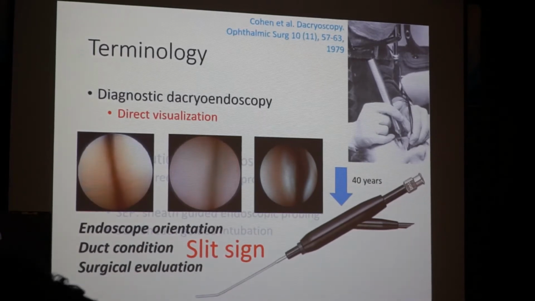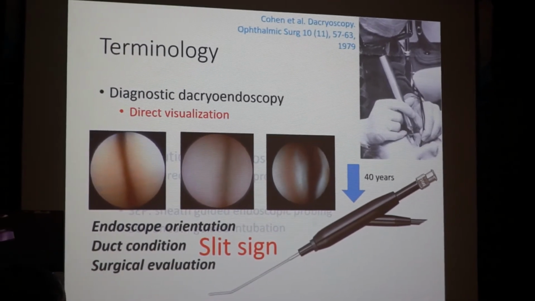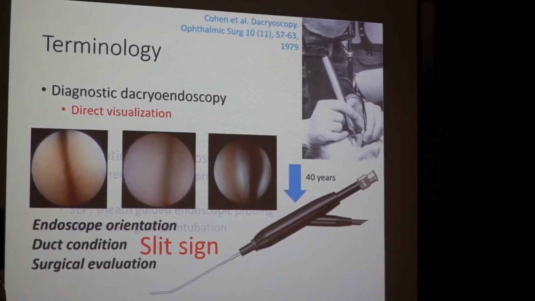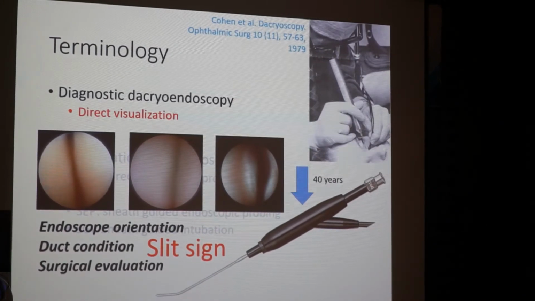So sometimes endoscope orientation is very difficult, especially when performing therapeutic dacryoendoscopy. At that time, when you see the slit sign, the finding gives you confidence: oh, I am in the lacrimal sac now.